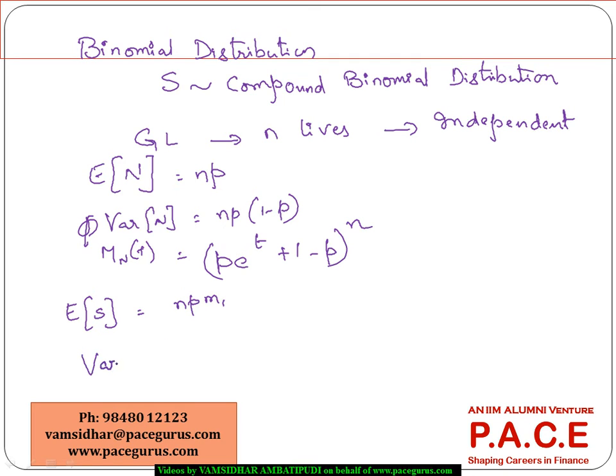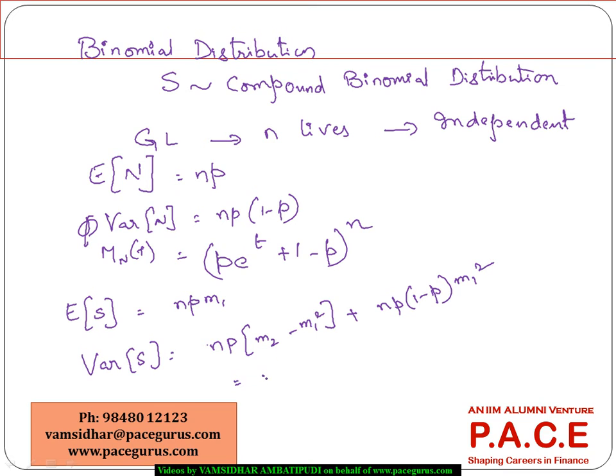But the variance of S we have to work out slightly, because it comes out as the expected value of N, which is np, times (M2 minus M1 squared), plus the variance of N, np(1 minus p), times M1 squared.